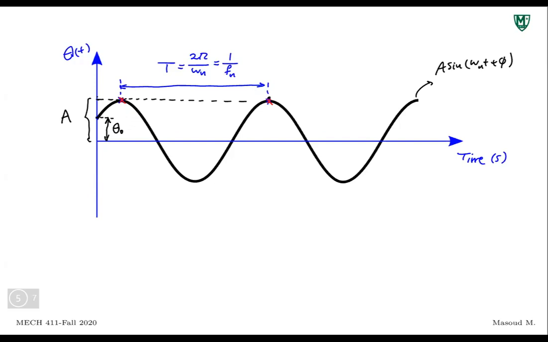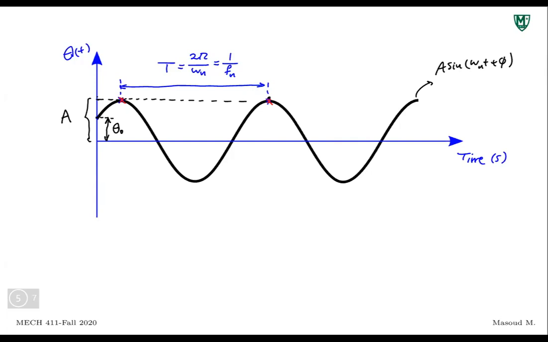What else can I get? Now this is the plot for theta, angular displacement. Right? What is the slope of this? The slope of this is the derivative with respect to time, right?